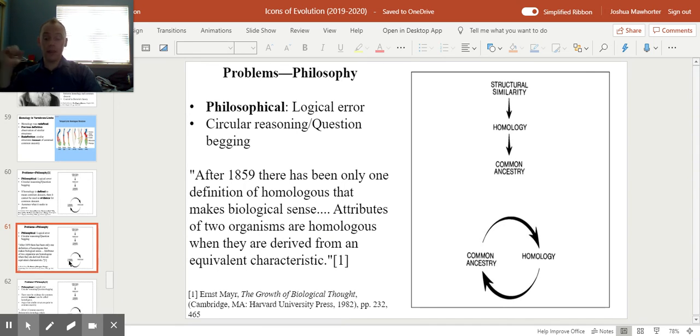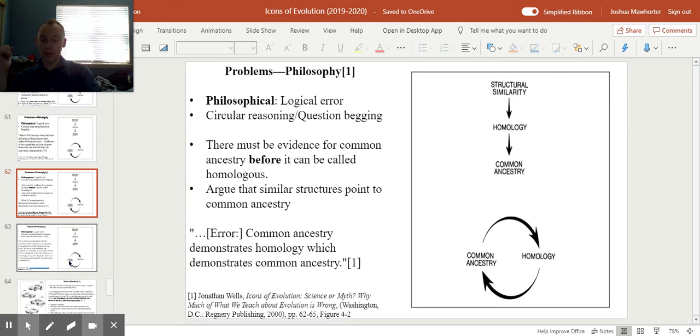And then he says, well, why can't people just see how plain the evidence for this particular evidence for evolution is? Well, because it's philosophically and logically invalid. Not to mention it has empirical errors as well. It hasn't been demonstrated empirically in any sense either. There must be evidence for common ancestry before it can be called homologous.